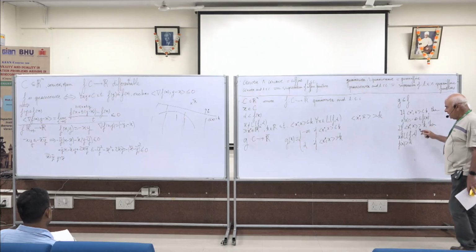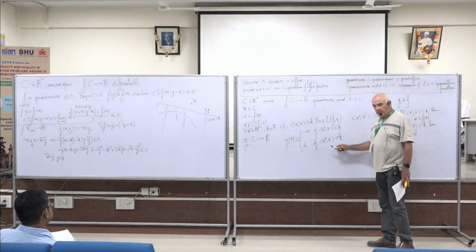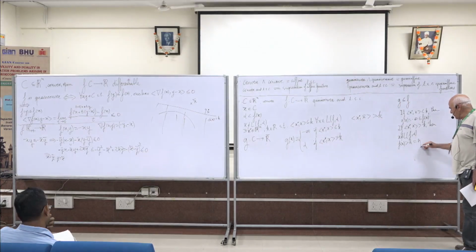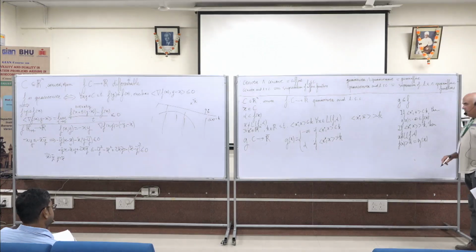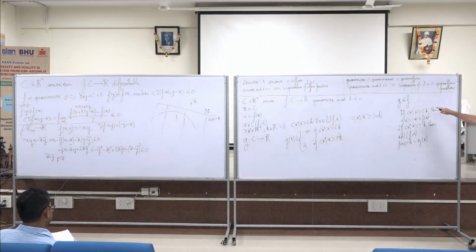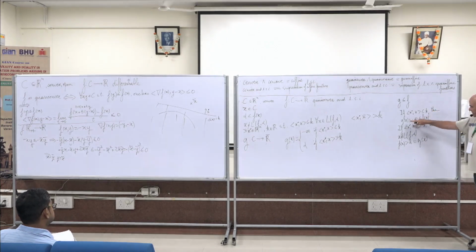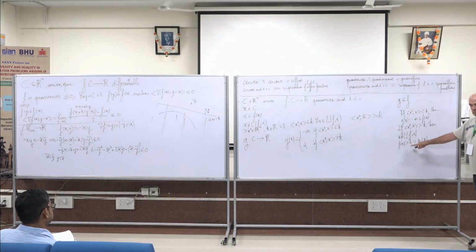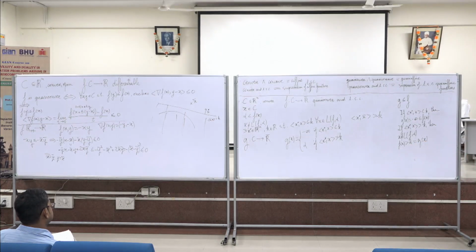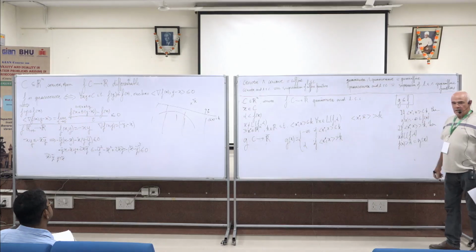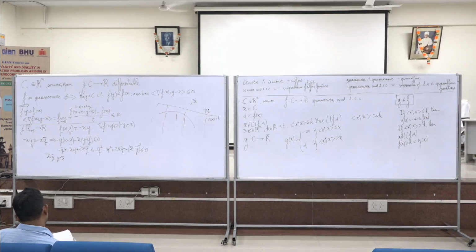But in this case, alpha is precisely the value of g of x. So in both complementary half spaces, g takes a value smaller than the value that f takes. This proves my claim that g is everywhere less than or equal to f.